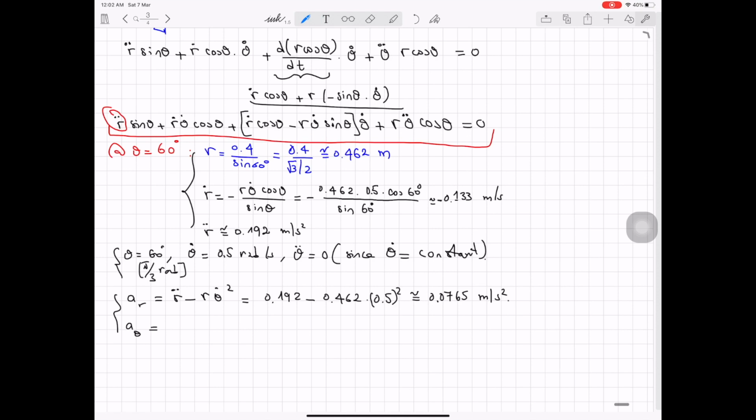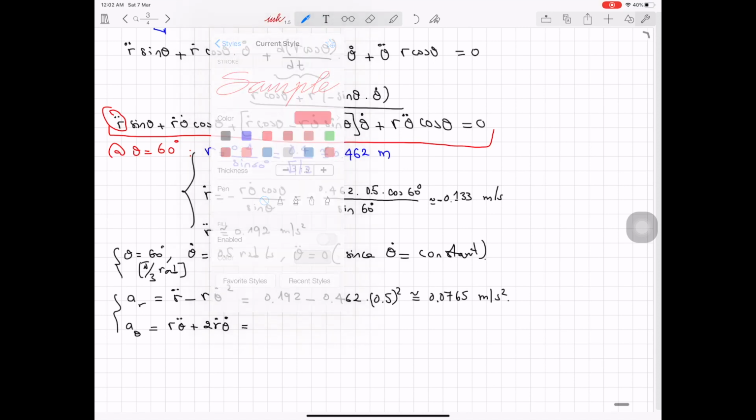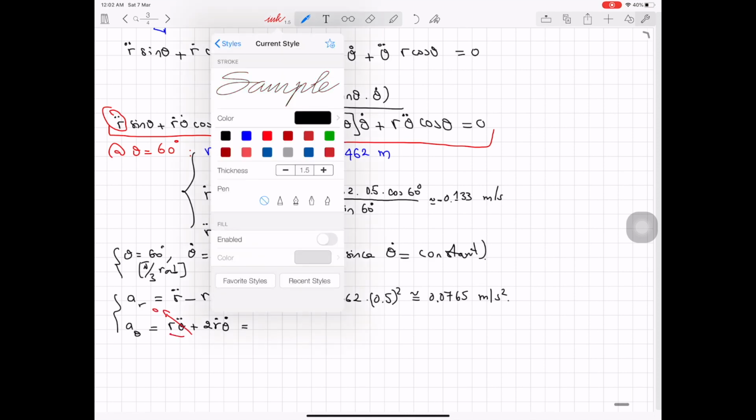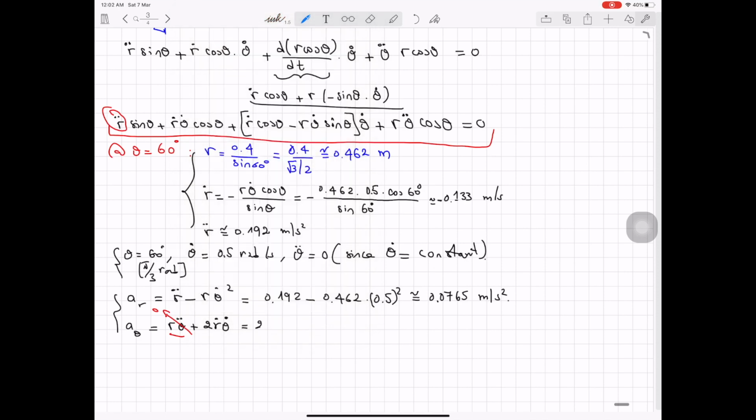Then we can calculate A theta, the transverse acceleration, which is r theta double dot plus 2 times r dot theta dot. As we said just now, theta double dot is 0, so that term goes to 0. Then I am left with 2 times r dot, which is minus 0.133, times theta dot, which is 0.5, because 0.5 times 2 gives me 1, so minus 0.133 meter per second squared.